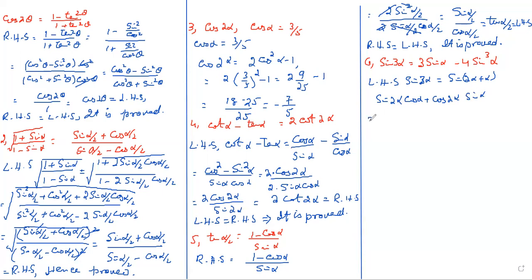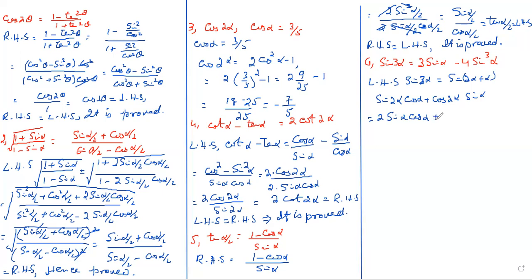We write sine 2 alpha as it is, or 2 times sine alpha cosine alpha, plus cosine 2 alpha sine alpha.